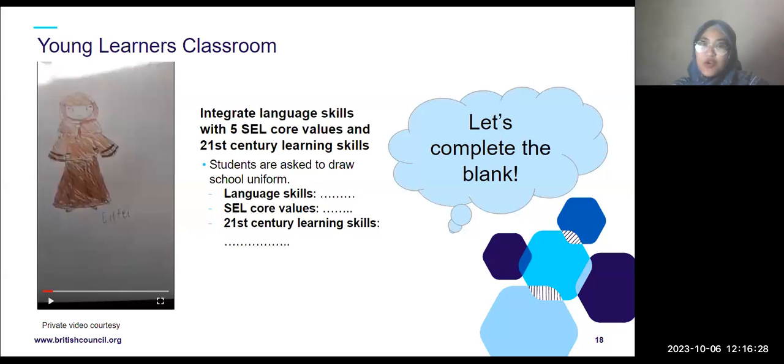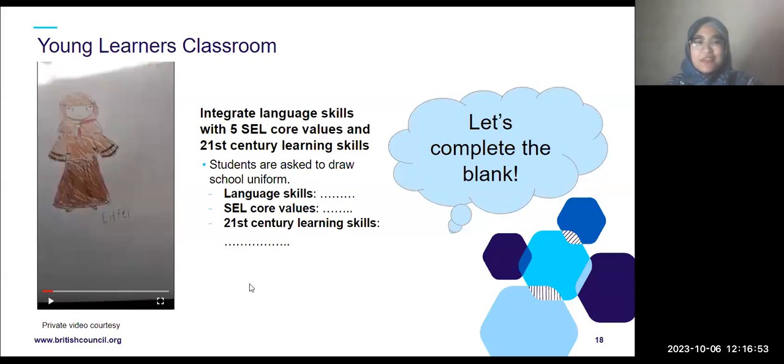Problem solving, okay, nice. Imagination is more into creativity. Autonomy, yeah, self-direction. Very nice. Love to see your interaction on the chat.